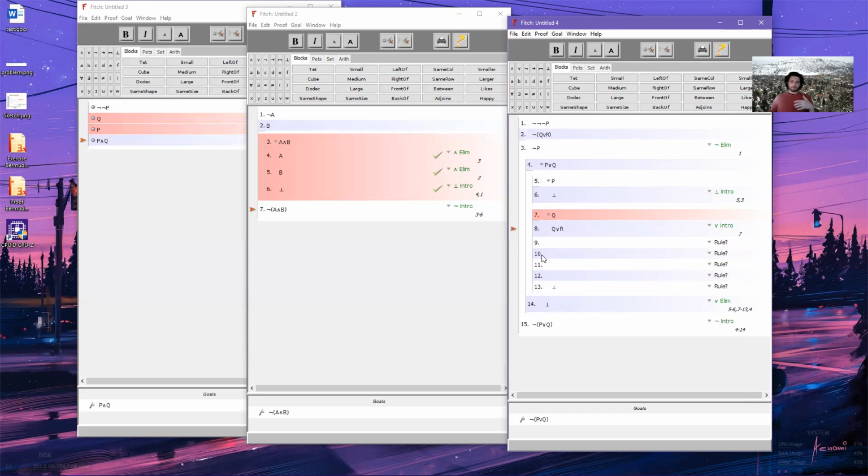That's the sort of familiarity with the rules that you're going to want to build, and that's the point of doing all of this. You're going to want to have these things in your back pocket so you can say, oh, okay, here I just need an or intro. We're not going to tell you that you need that. And in fact, if you look at somebody else doing the same proof, they might be able to do the proof without using that rule. There are different ways to do any proof.